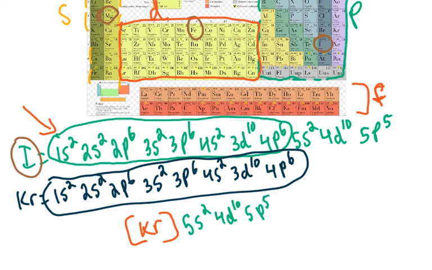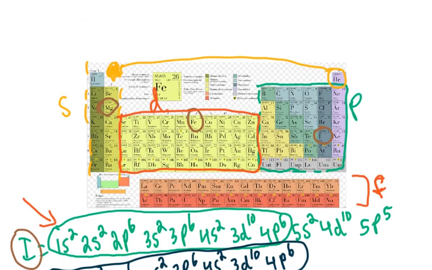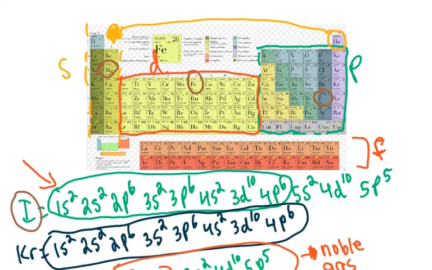So that's iodine's noble gas notation. Noble gas notation is just to shorten the electron configuration notation. And that's it for iodine.